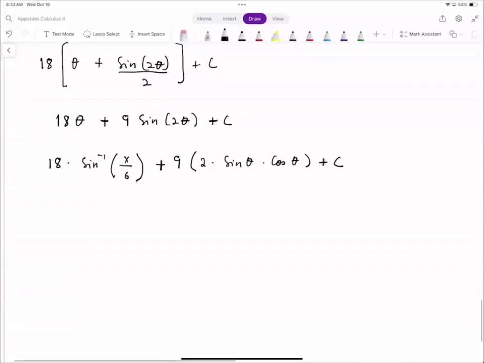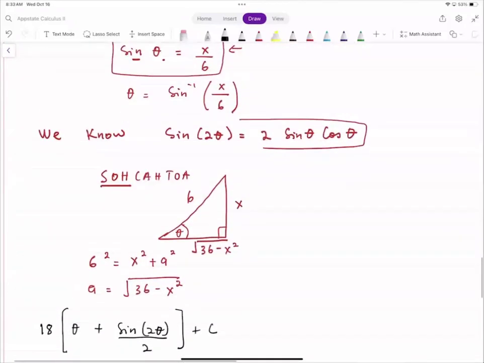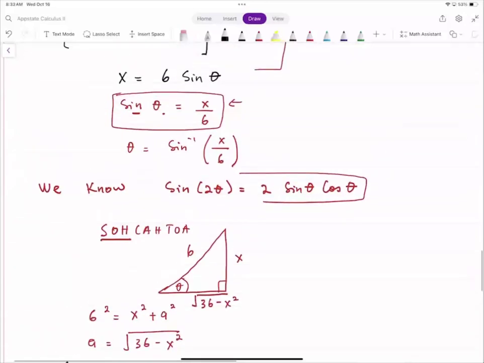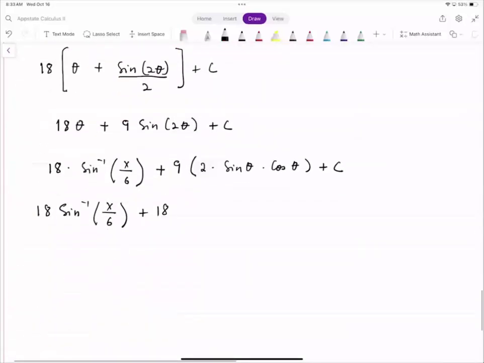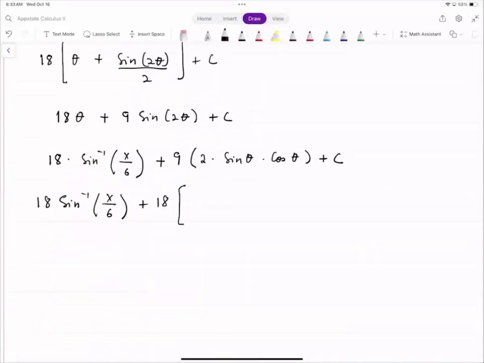And so now everything should give you 18 sine inverse of x divided by 6 plus 18. What is sine theta? Sine theta is x over 6. And so 18 times x divided by 6. Cos theta.